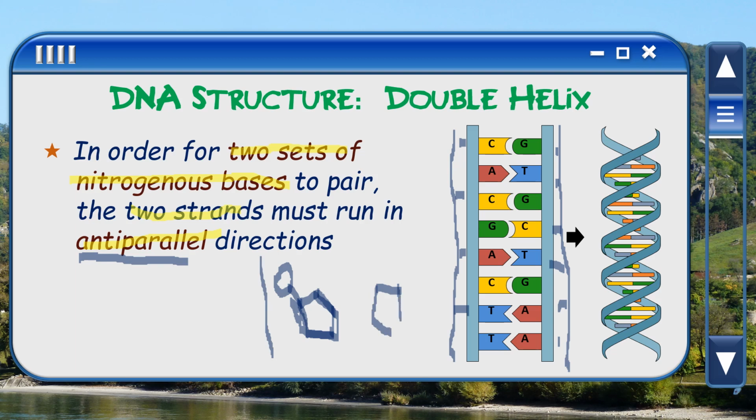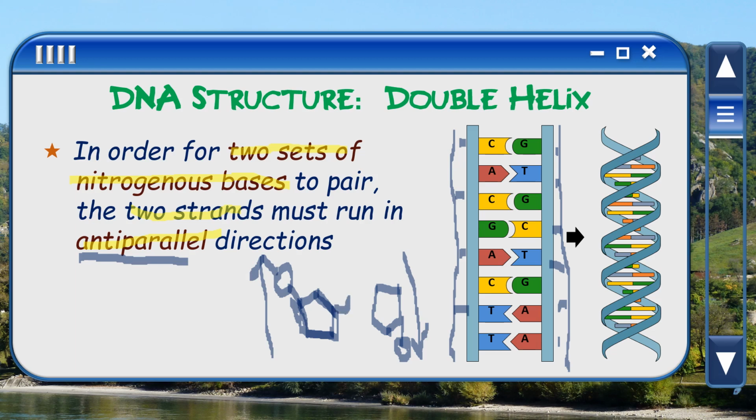That would be the sugar, and the phosphate would be facing down. This one is facing down, the other one is facing up. That is what we are calling antiparallel.